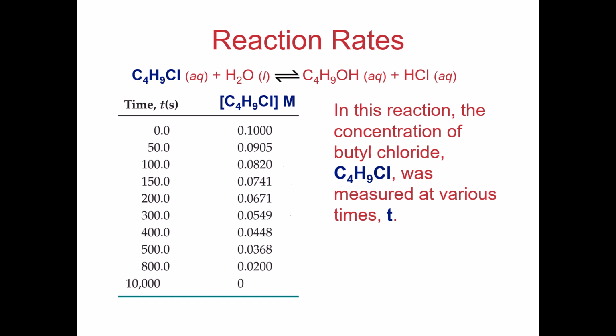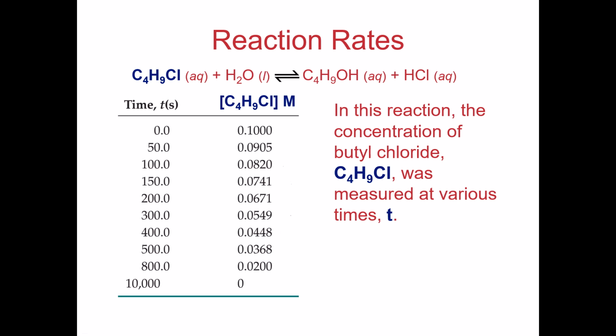Alright, so if we look at a balanced chemical equation, it's given up here, and then we can collect data on how fast our reactant is decreasing over time, we can try to measure the rate of the reaction. This is a typical table that tells us information about time and about concentration, but it doesn't tell us rate yet.